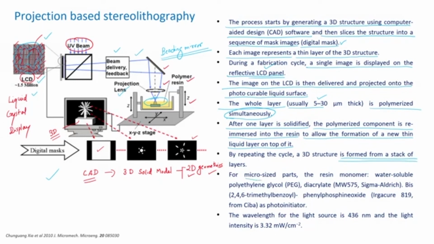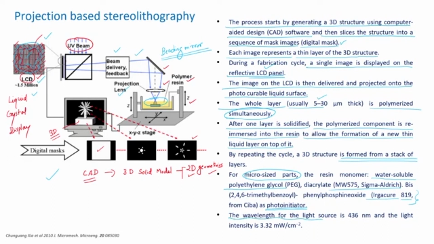So, to generate micro size parts, various monomers are used, such as water soluble PEG, polyethylene glycol diacrylate, and trimethyl benzoyl phenyl phosphine oxide, also popularly called Irgacure 819, and these materials are considered as the photo initiators.